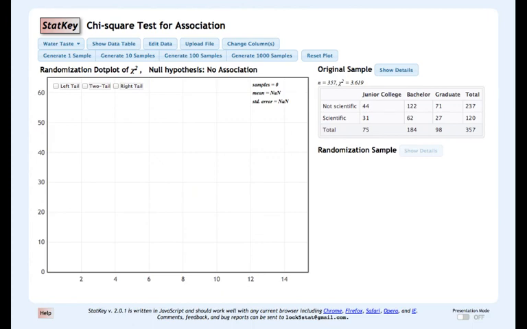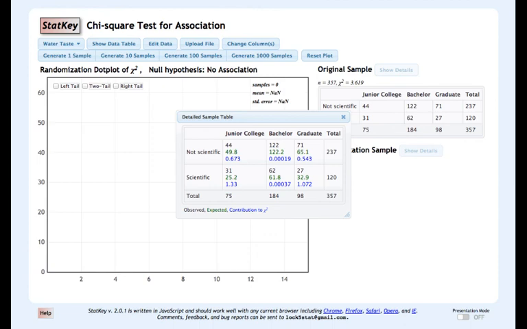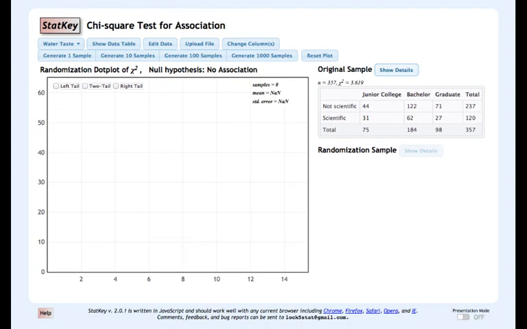And then verify that this table looks the same as the table that you were trying to enter. That gives you your chi-square test statistic of 3.619. And if I click on show details, I can see the whole table with observed counts, expected counts, and contributions to chi-square, just like we saw with the goodness of fit test.